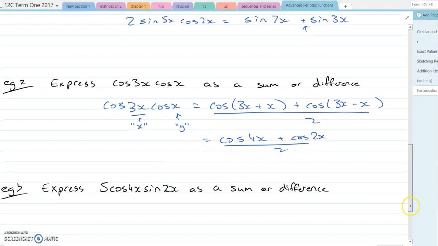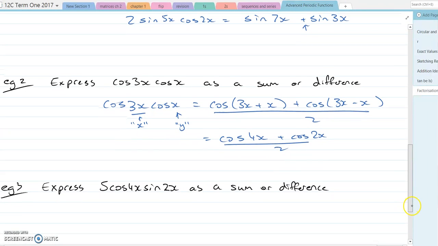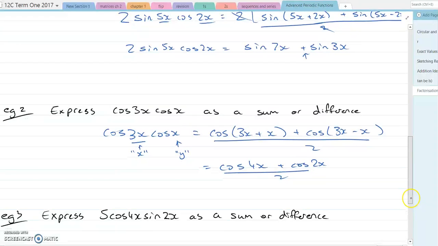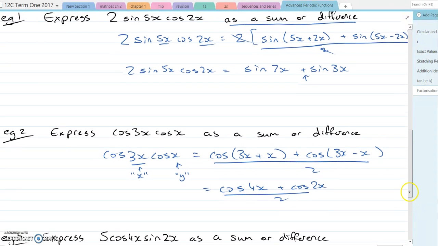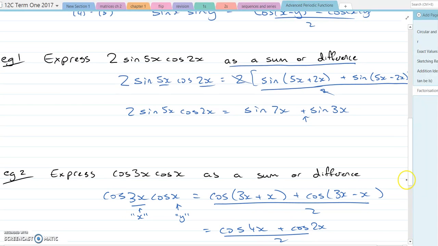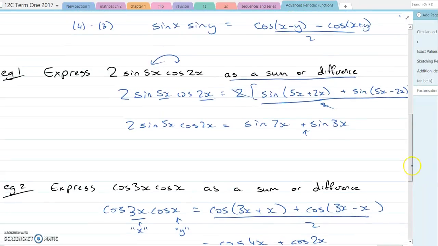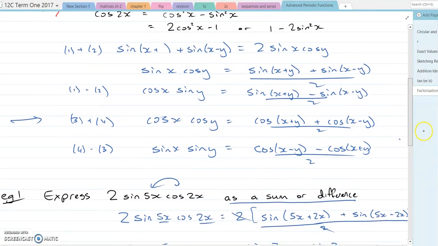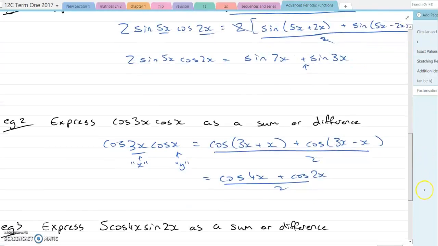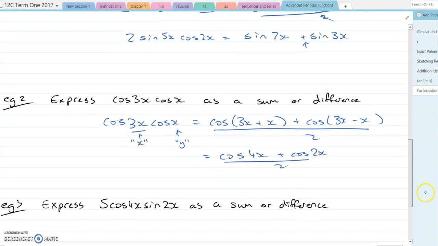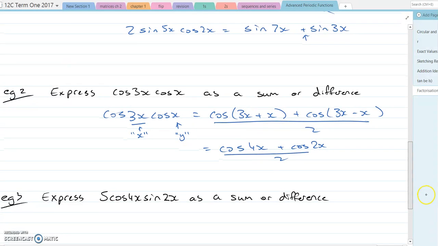Next one, 5 cos 4x sine 2x. So cos and then sine. Really, it doesn't matter, you can put them either way in that formula, but since cos is first here, let's just do it this way. Otherwise it gives us a minus.